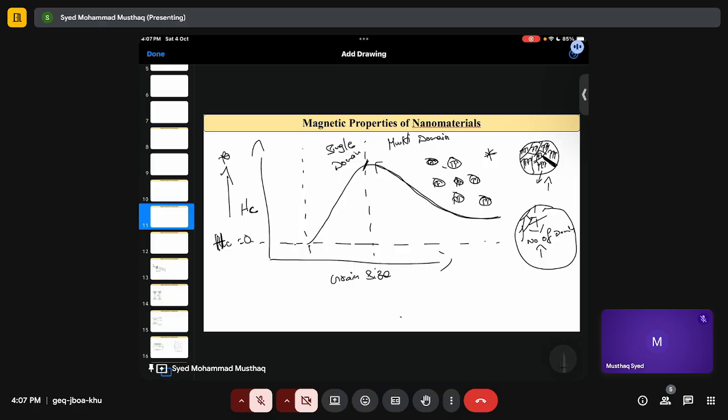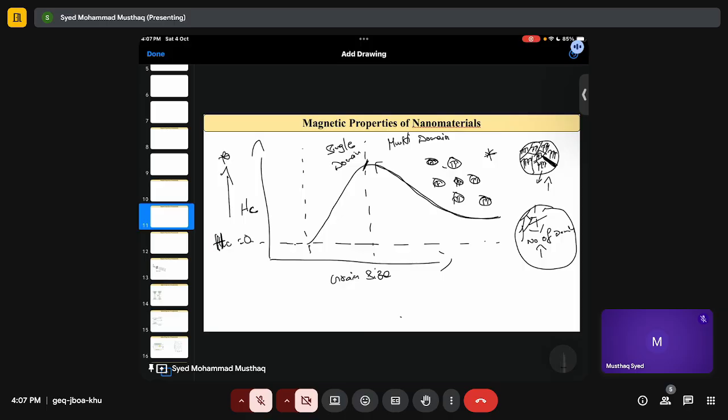So the surface spins will get distorted, more or less, if I explain. And because of that, you will lose your HC, the coercivity, right? So yeah, that is what's happening here, the domain size, grain size distribution.